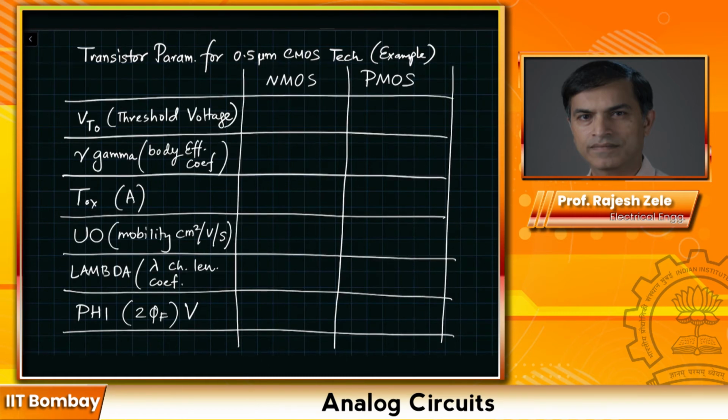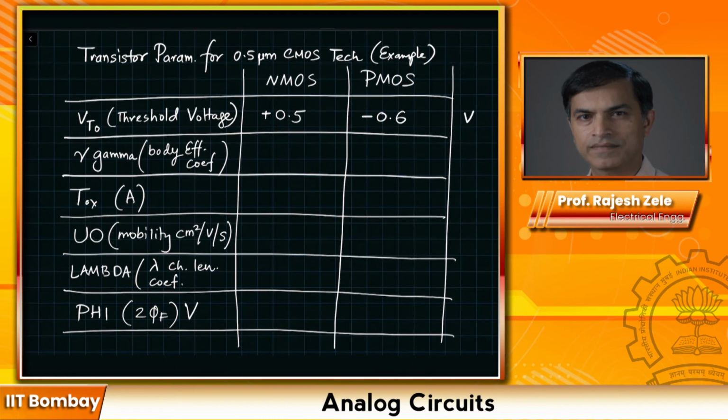Let's get familiar with all these terms. VTO, which is threshold voltage. For NMOS transistor, I'm just picking typical values: 0.5 volts. For PMOS transistor, minus 0.6 volts, and the unit over here is volts.